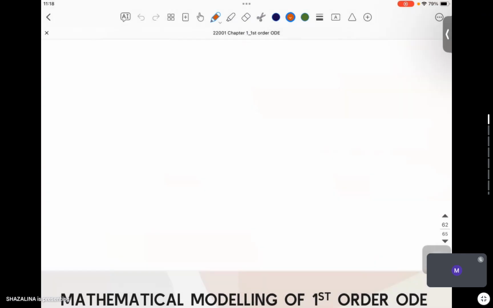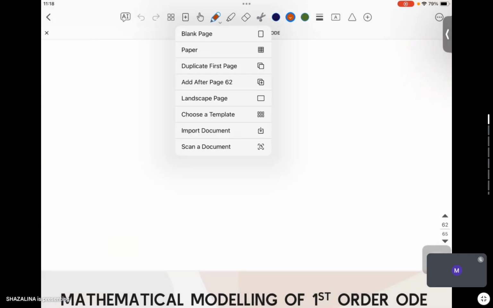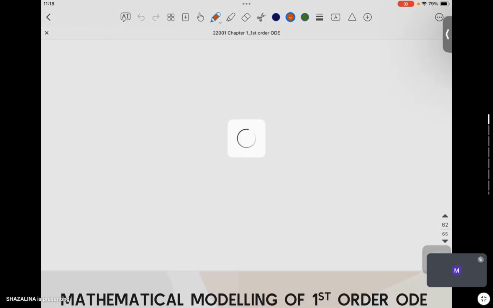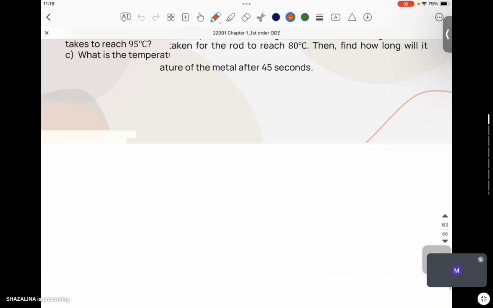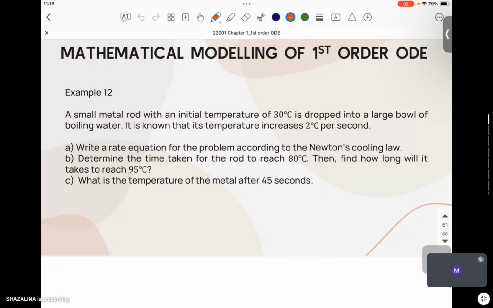Example 12. A small metal rod with an initial temperature of 30 degrees Celsius is dropped into a large bowl of boiling water. Okay. Based on the first statement, we can extract information.